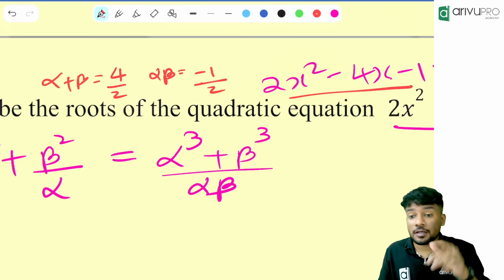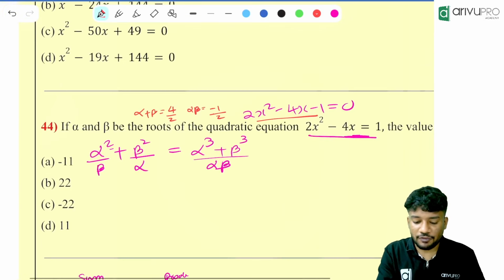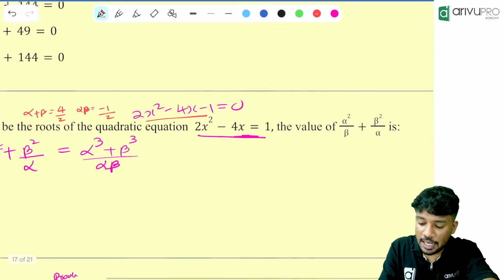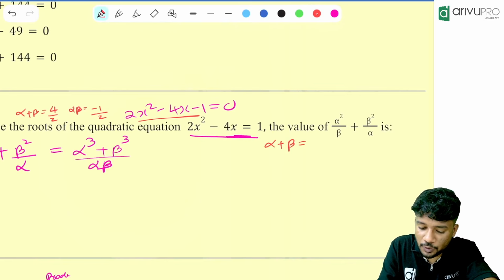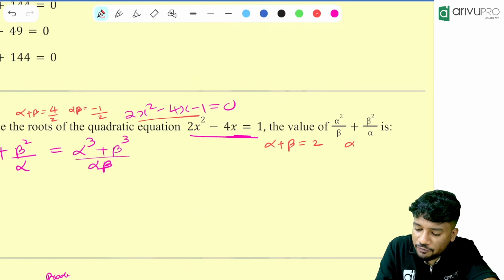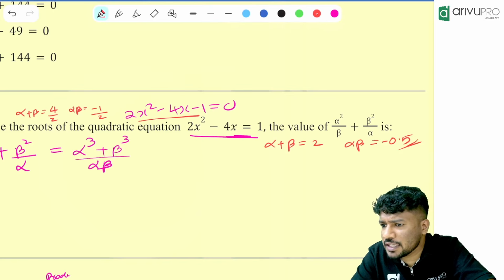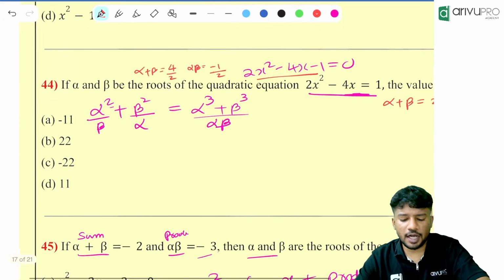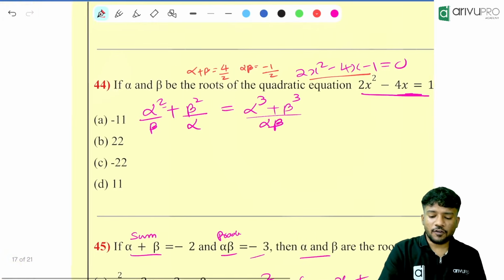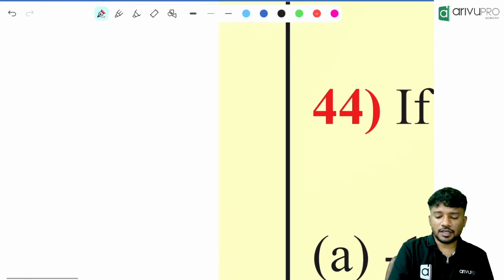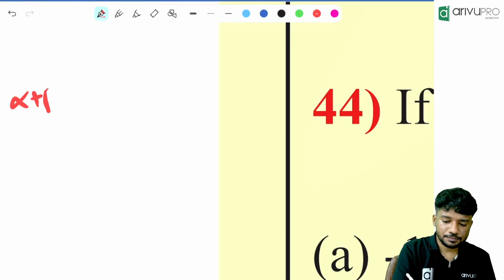Then alpha beta is how much? Product of the roots, that is minus 1 by 2. So alpha plus beta is equal to 2. Alpha beta is equal to minus 0.5. Everyone got minus 0.5? Anyone got any different answer? Please confirm to me. Now, what is the formula for alpha plus beta the whole cube? Can anyone tell me?